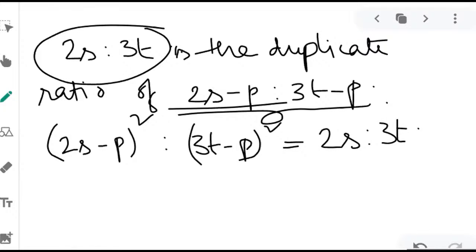Can we write it in fractional form? 2s minus p whole square by 3t minus p whole square is equal to 2s by 3t.